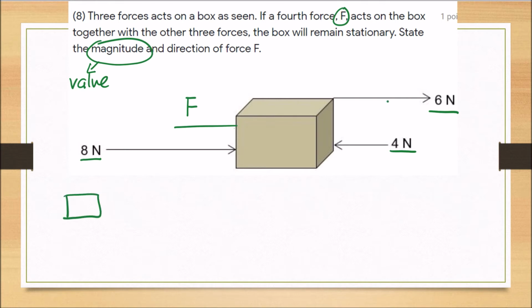So we have 6 and 8 to the right hand side. So we add up: 6 plus 8, that's 14 newtons. Then what about the left hand side? Sorry, not the left hand side, towards the left.